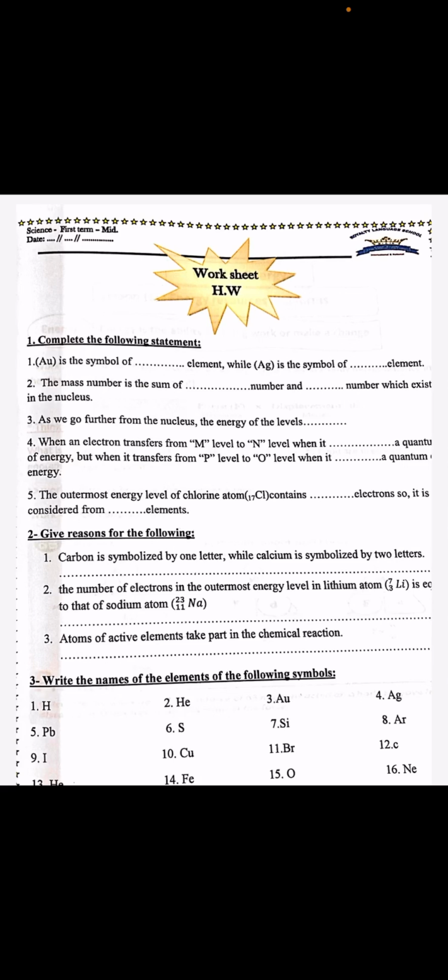Number 4, when an electron transfers from M level to N level, K, L, M, N, M is the third, N the fourth, when it gains a quantum of energy.